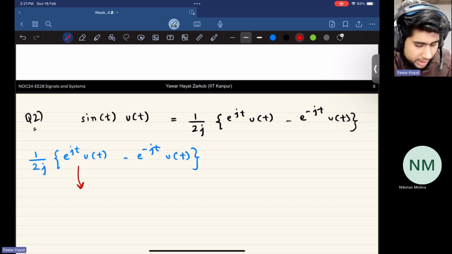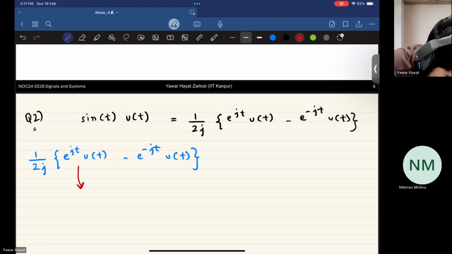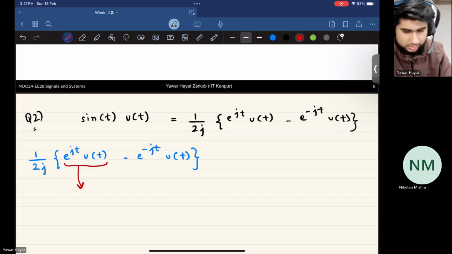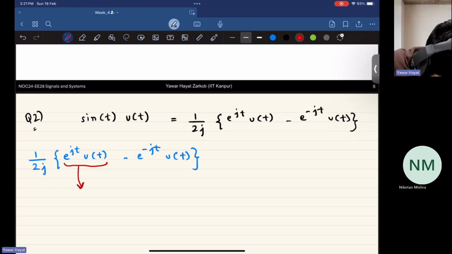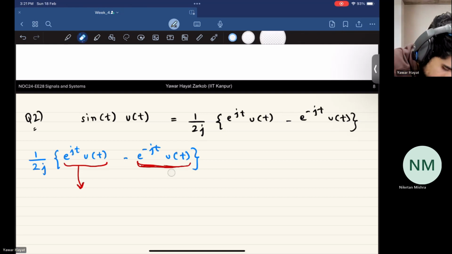These red arrows indicate the Fourier transform of e to the power jt u of t, and likewise I compute the Fourier transform of e to the power minus jt u of t.